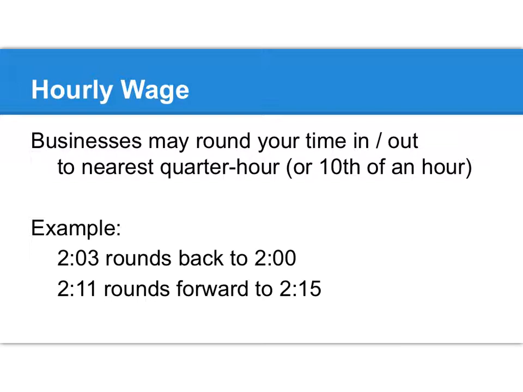In a paper-based system, it is very likely that the business may round your time, whether you are punching in or punching out, to the nearest quarter of an hour or to the nearest tenth of an hour. For example, in a quarter hour system, 2:03 would count as 2 o'clock, in the same way that 1:58 would count as 2 o'clock.